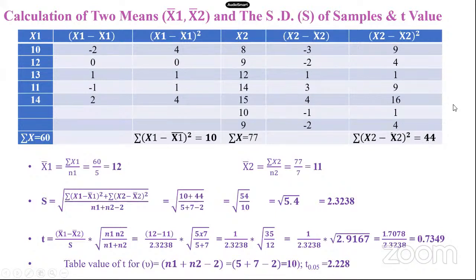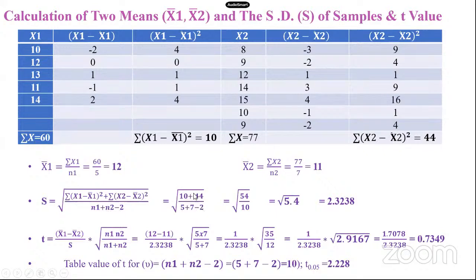Now go to calculate the standard deviation. The combined standard deviation is equal to under root: firstly, the sum of x1 minus x1 bar whole square, which is 10, plus the sum of the second, which is 44, divided by n1 which is 5, plus n2 which is 7, minus 2.